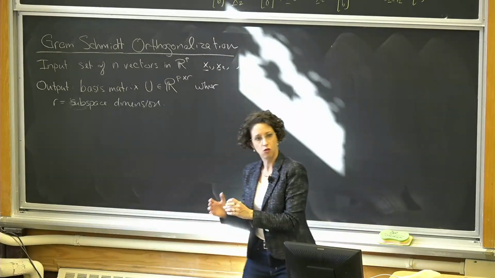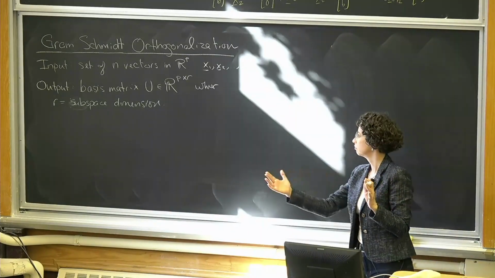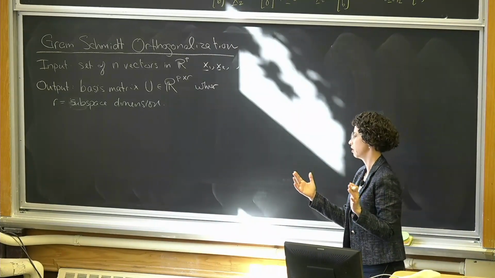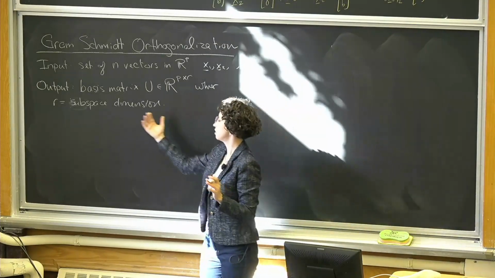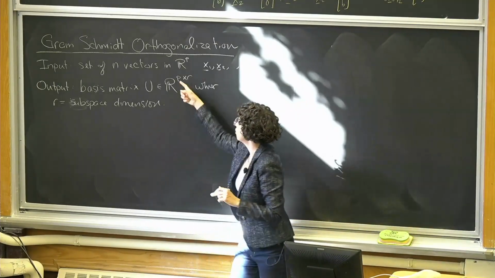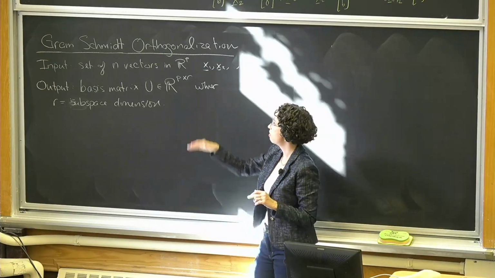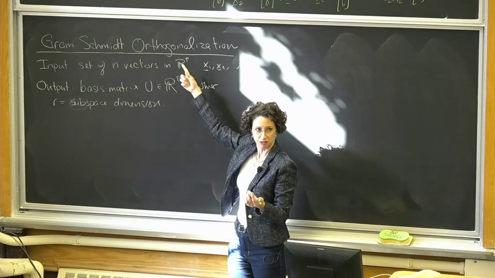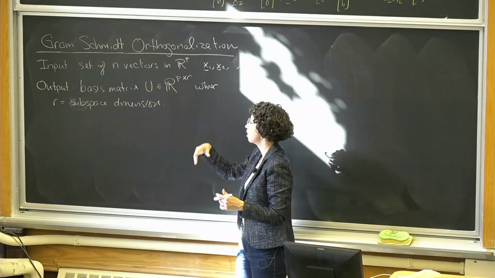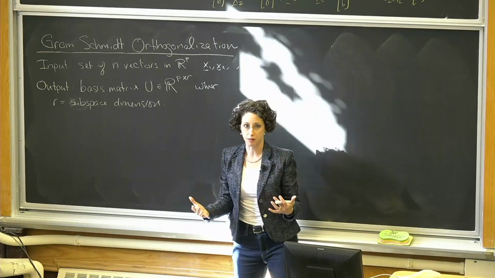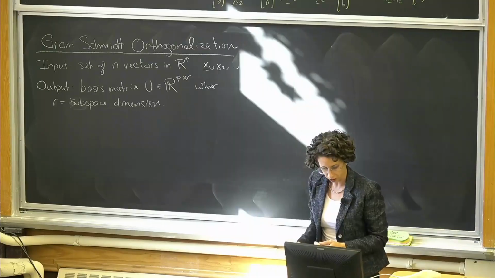So the number of columns is equal to the dimension of the subspace. And the number of rows, P, is the number of different features that we have in our feature vectors, or more generally, the ambient dimension of all of our vectors.